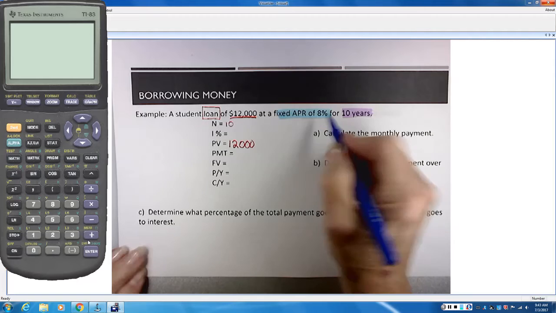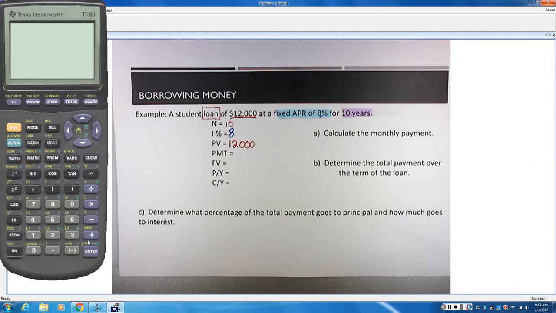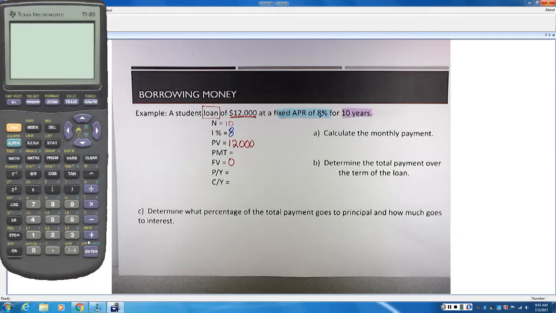I know that my interest rate is 8%. I know that my future value of that loan is going to be 0 because I'm going to pay it off.